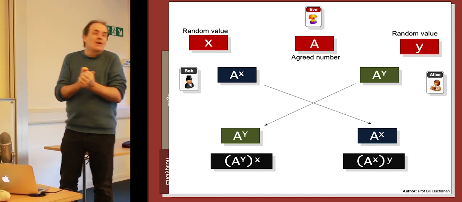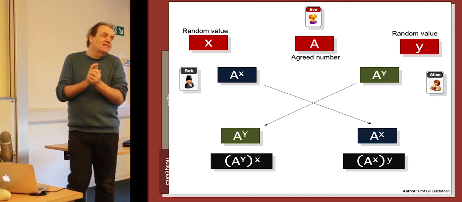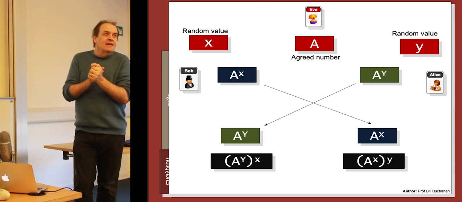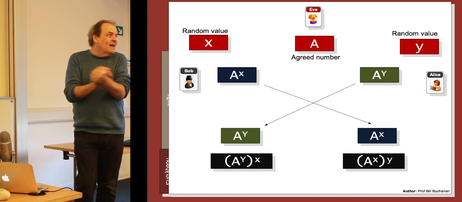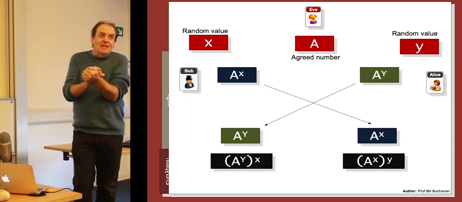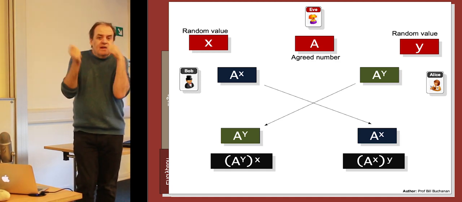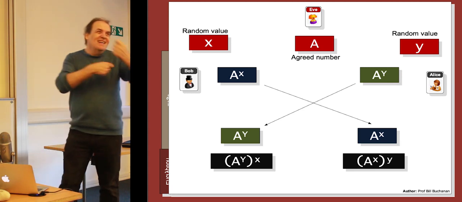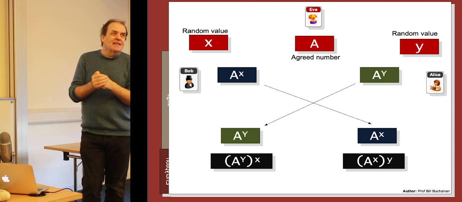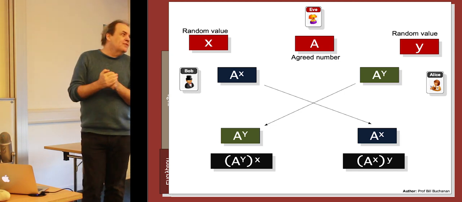How is the prime number shared? Both Bob and Alice agree on the prime. Eve knows a, and Eve knows the prime. So Eve must now go through all the values of x and y until she finds something that matches what Bob sent and what Alice sent.